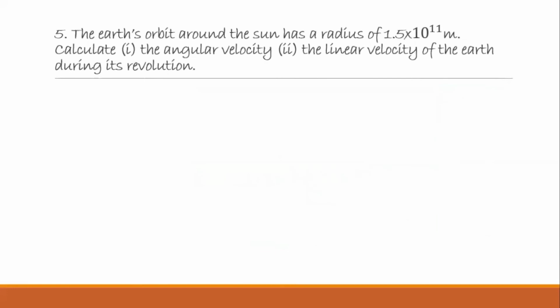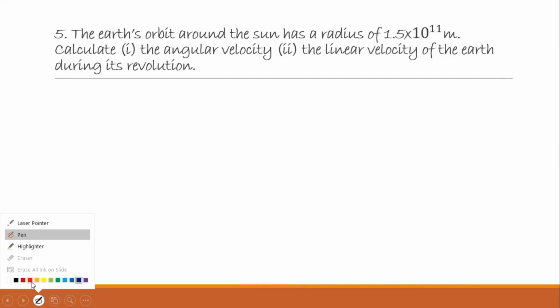The next one and the final question is this. The question says, the Earth's orbit around the sun has a radius of 1.5 times 10 raised to the power 11 meter. Calculate 1, the angular velocity, 2, linear velocity of the Earth during its revolution. This question is not direct.